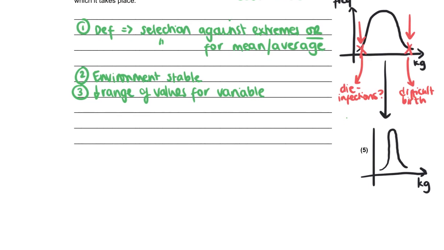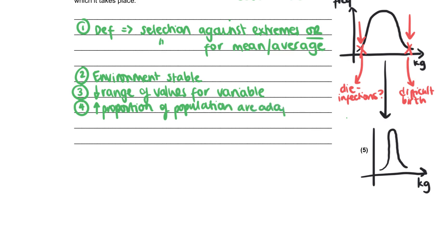So stable environment, we're reducing the range of values of the variable, and as a result, we see an increasing proportion of the population being adapted to the environment.